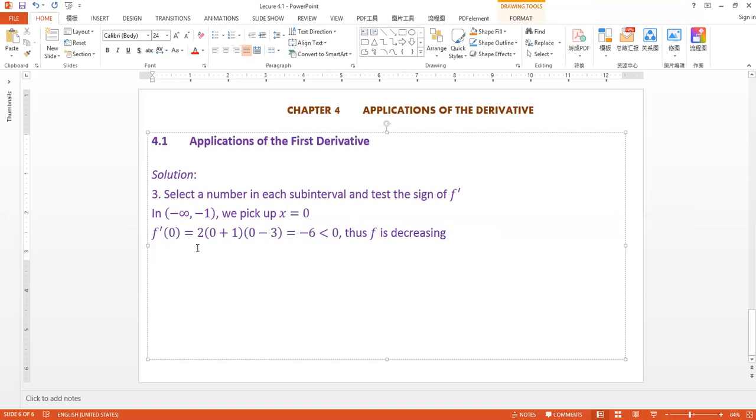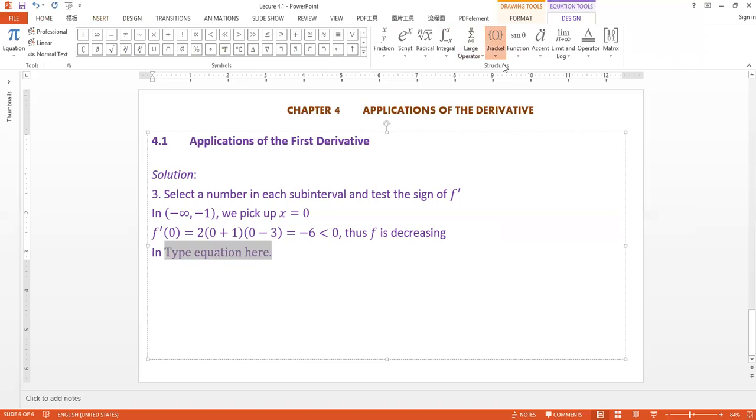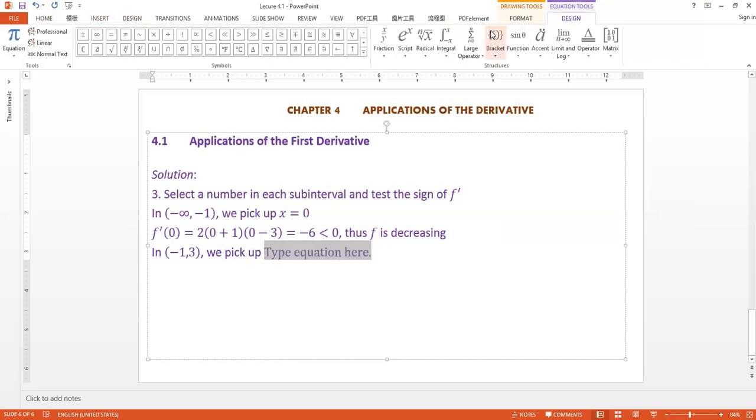Then we can do the next subinterval, the subinterval from -1 to 3, where we have 3 subintervals. So that's the second subinterval. We pick up x equal to 2. Okay, 2 is between -1 and 3.